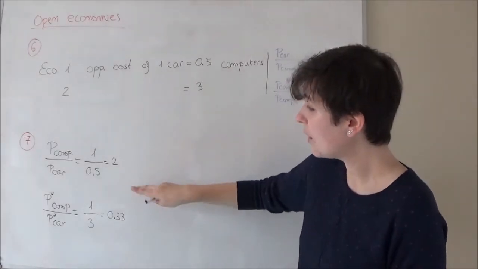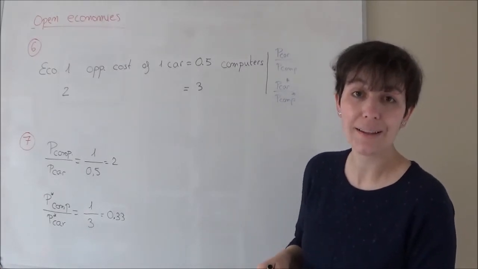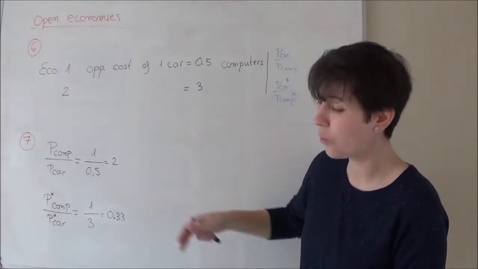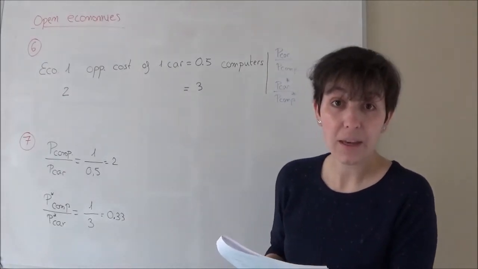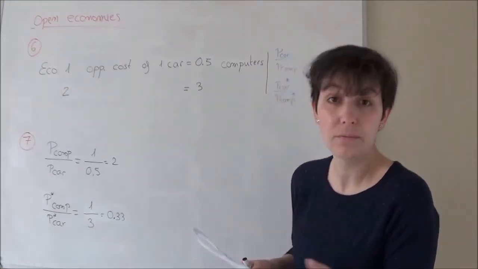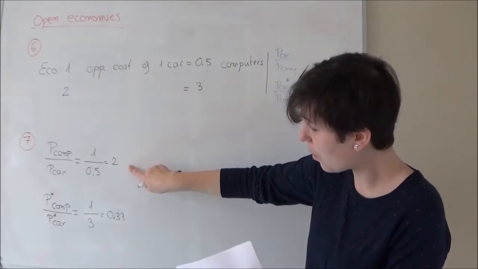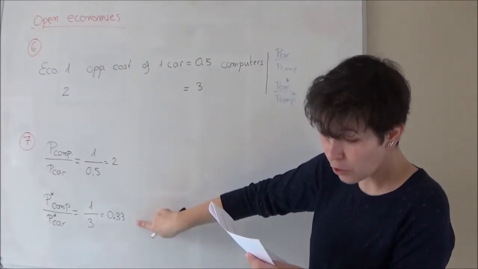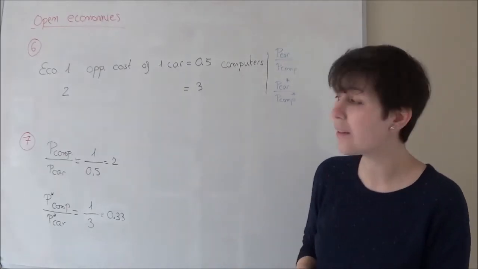So eventually the new and unique international relative price of a computer is going to be between those two values. And that is only possible for answer A, which is 1.5, okay? The others are 2, which is not possible, or this value, or higher than this value, which is not possible either. And that is the answer then.